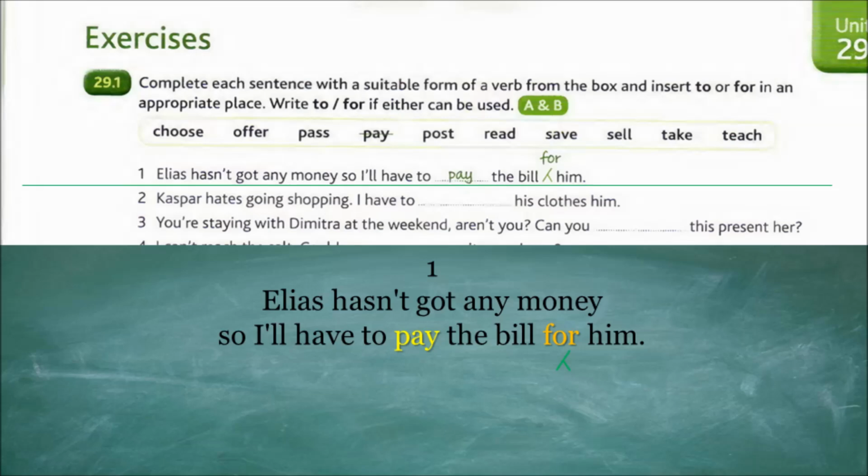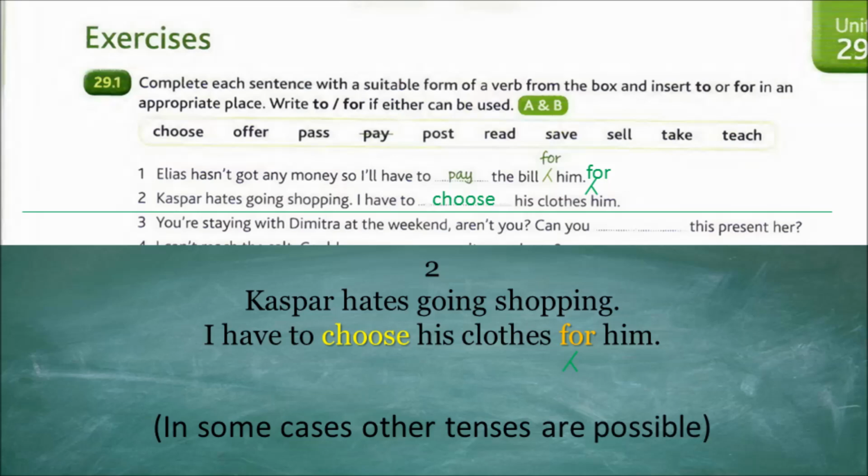Elias hasn't got any money, so I'll have to pay the bill for him. Casper hates going shopping. I have to choose his clothes for him. In some cases other tenses are possible.